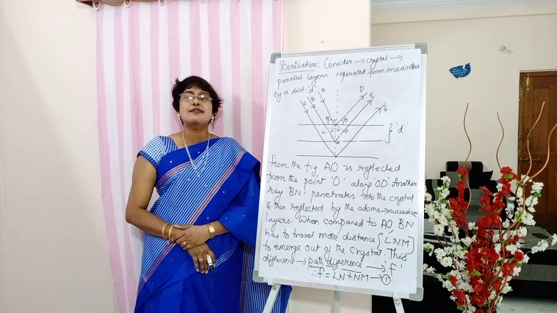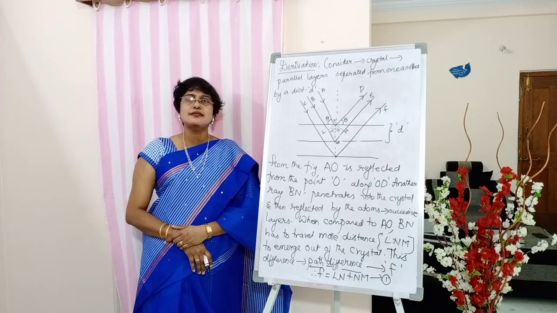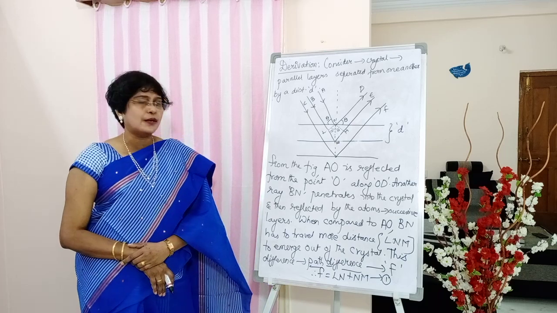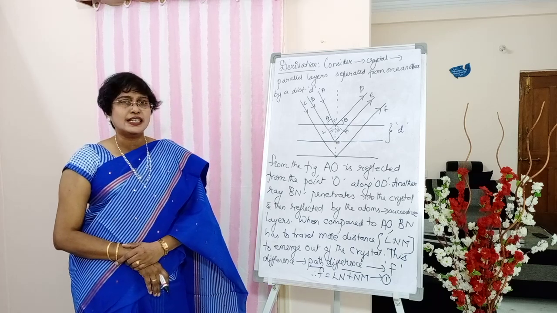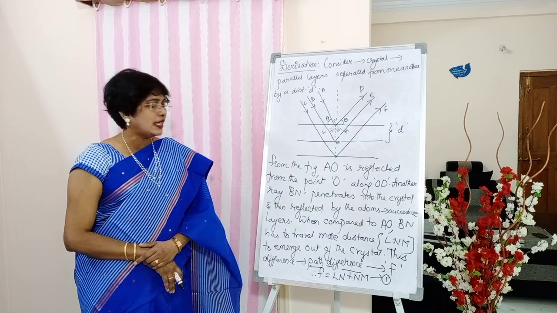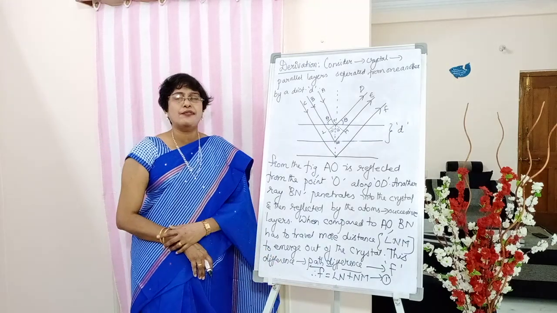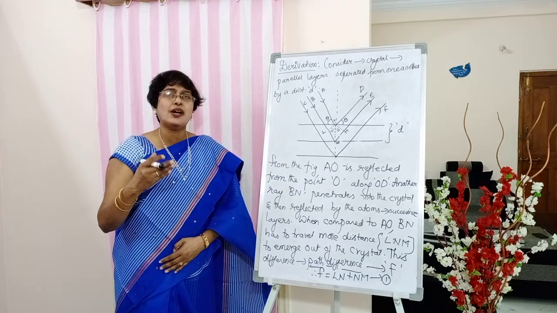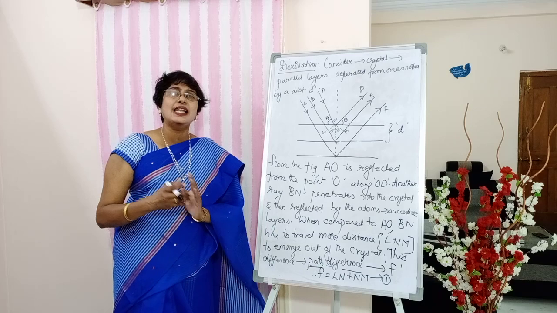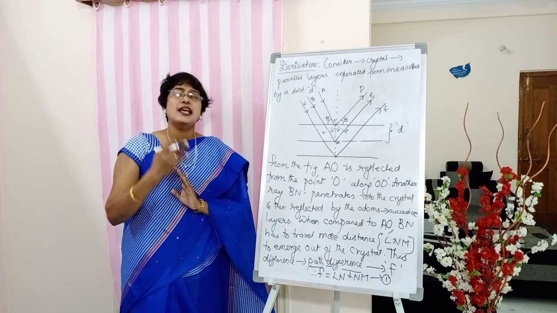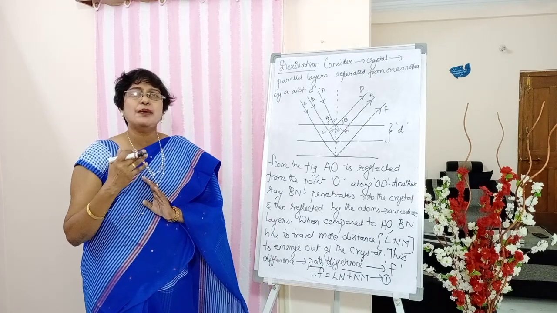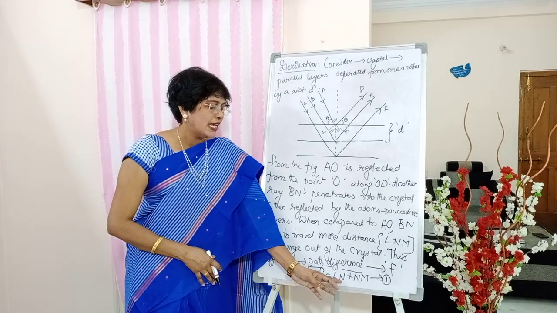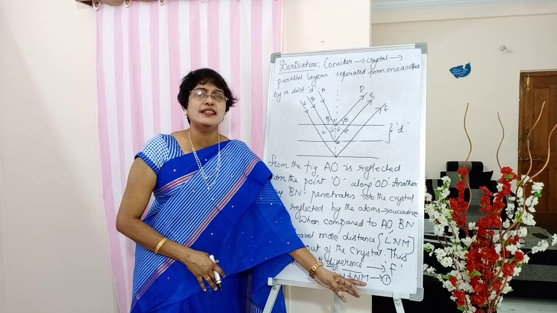This difference is called path difference, which is represented by capital letter F. Therefore, F is equal to, the extra distance is represented by what? LN and NM. So F is equal to LN plus NM. Mark it as equation 1.